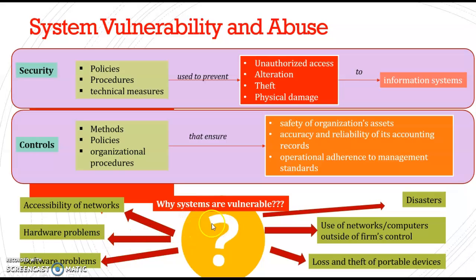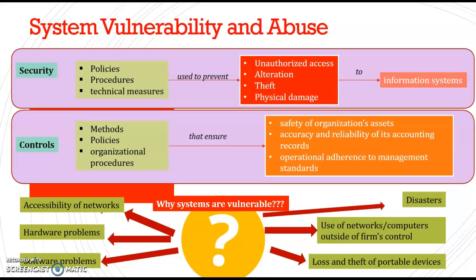Why are systems vulnerable? The first one is accessibility of the network. You can access anywhere, anytime, and somebody may try to listen to the network communication. So the accessibility is open.